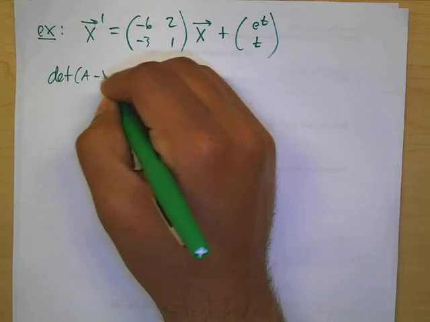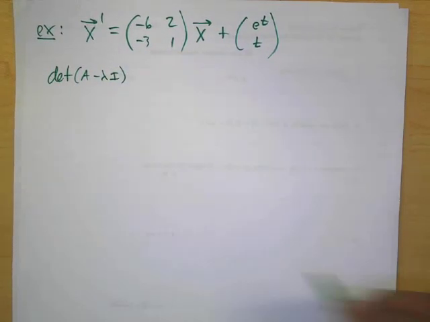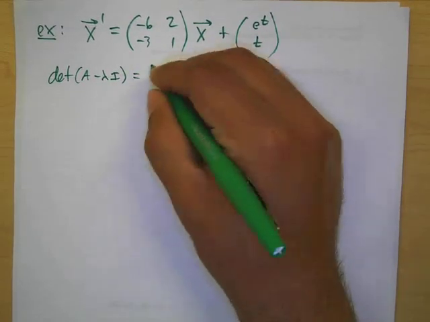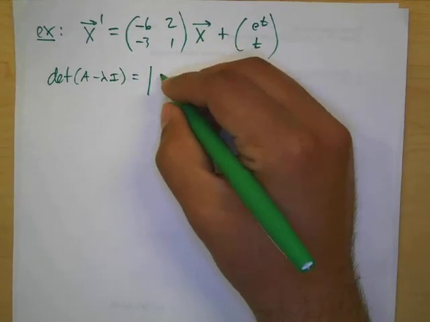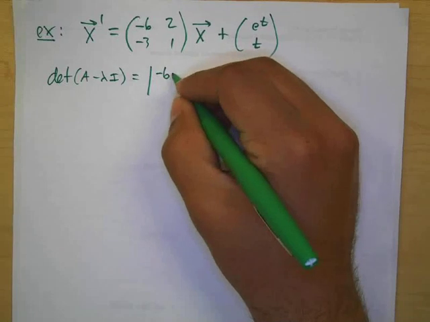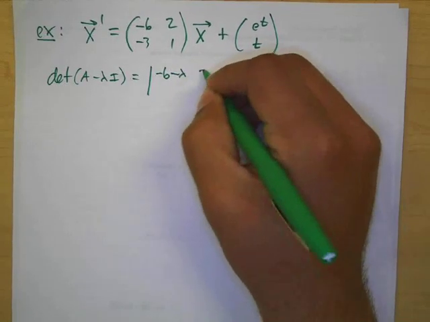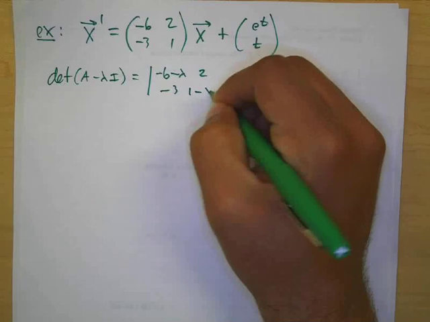So first we're going to find the eigenvalues and vectors so we can find our complementary solution. The determinant of A minus lambda I will be the determinant of the matrix with entries -6 minus lambda, 2, -3, 1 minus lambda.